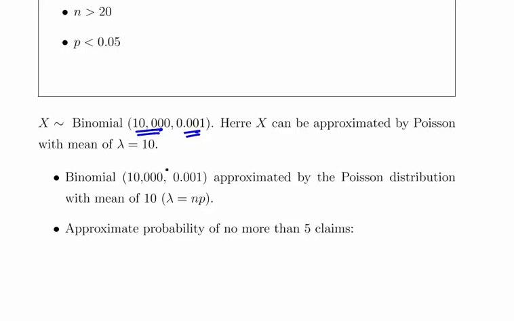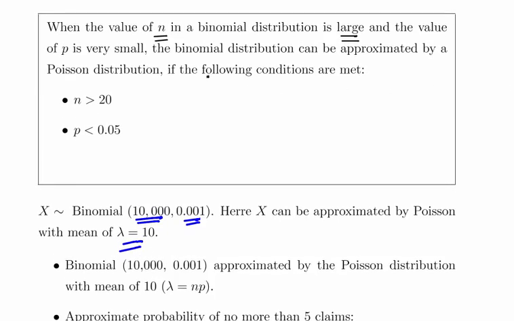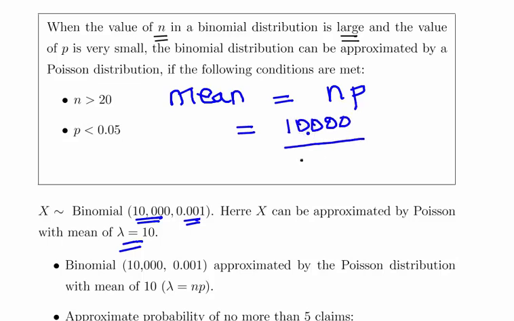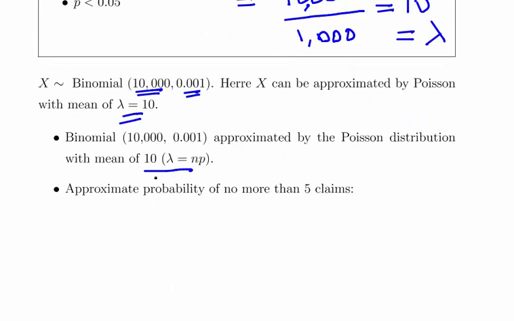X can be approximated by the Poisson distribution with mean lambda equal to 10. So where does that figure come from? The binomial mean equals n times p, which in this case is 10,000 multiplied by 1 over 1,000, which is essentially dividing by 1,000. 10,000 divided by 1,000 gives us 10. And that is our value for lambda.